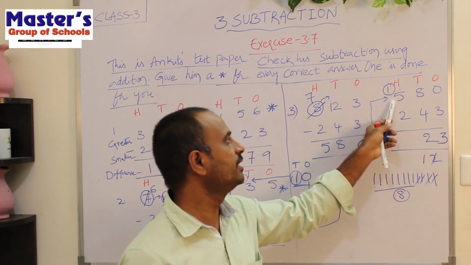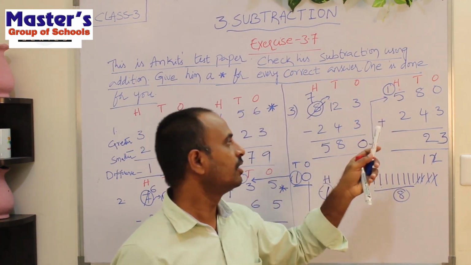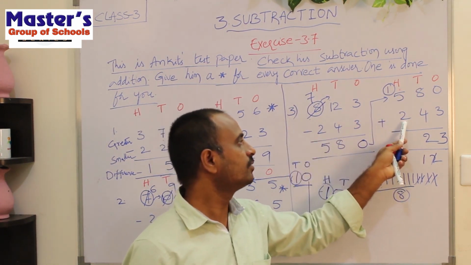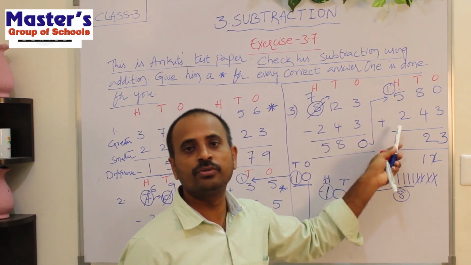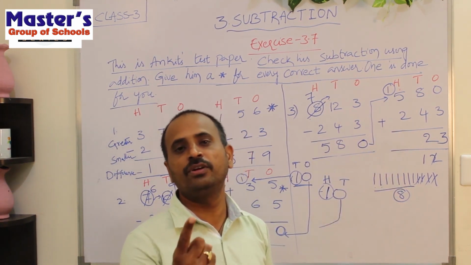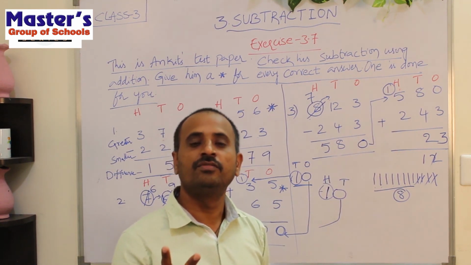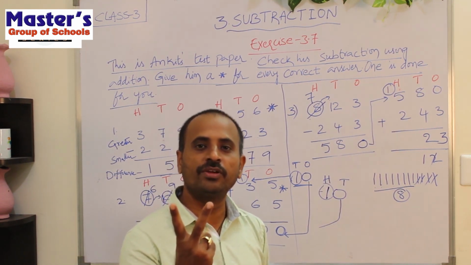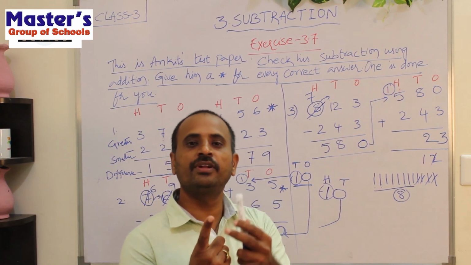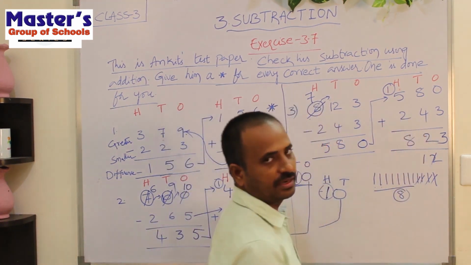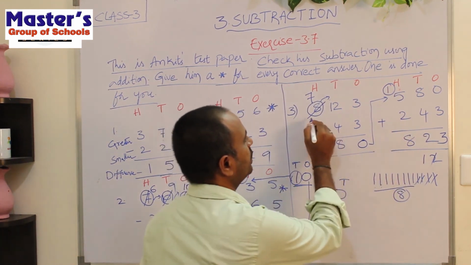So the sum of 1 and 5 is 6. Now add 6 to 2. Open 2 fingers of your hand. 1, 2. The sum is 6, so after 6 we get 7. Start counting from 7. 7, 8. So the answer is 823. This is the first number.